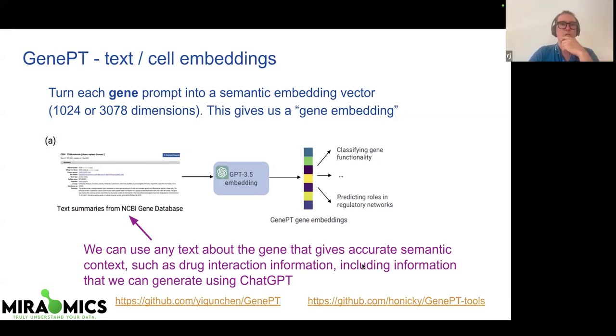So this GenePT is built by taking, first of all, for every gene in my 50,000 or so genes, a description of that gene. You start with the NCBI gene database, and for every one of those I can just get a description.